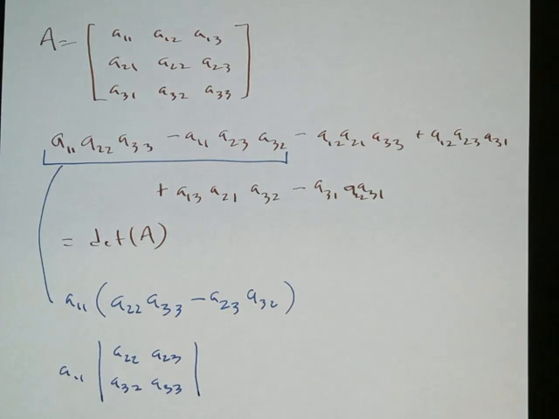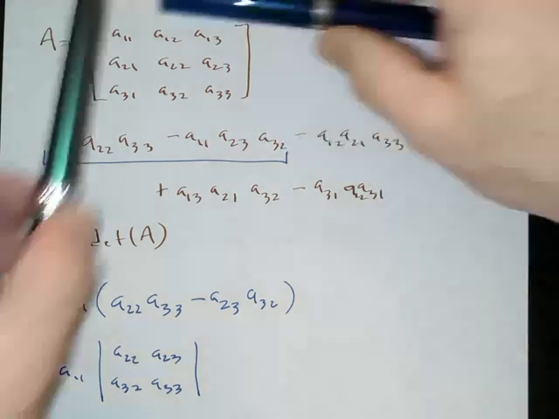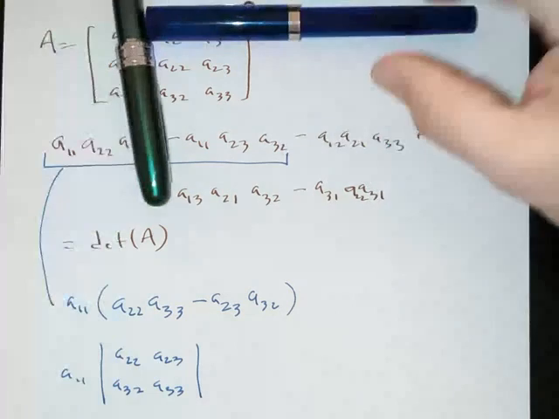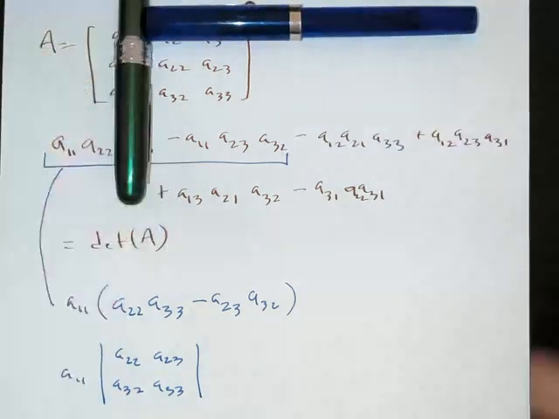Huh. Go back to the original matrix. The 3 by 3 at the top of the screen. These four numbers are all arranged up here exactly the way we just set them up, aren't they?